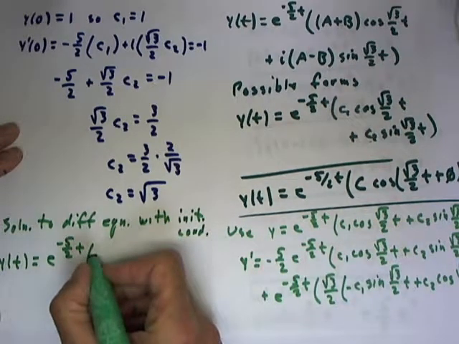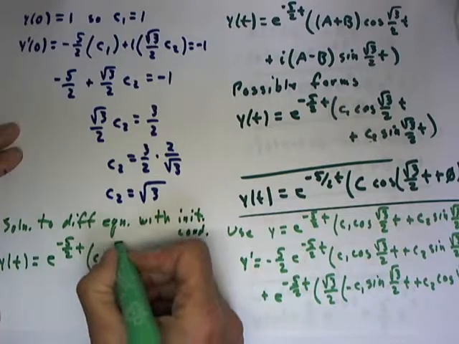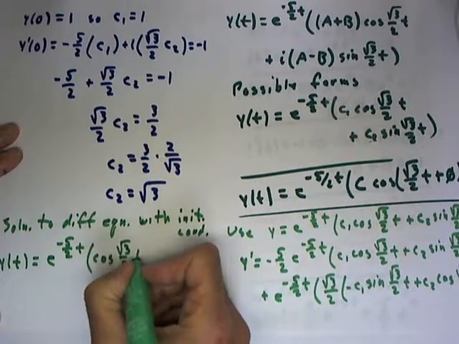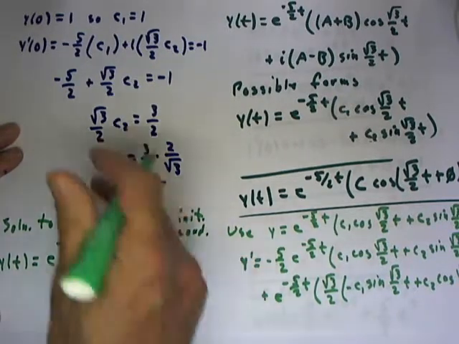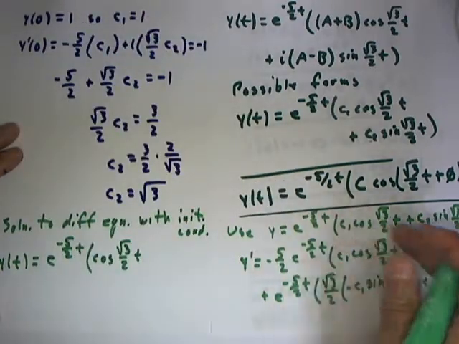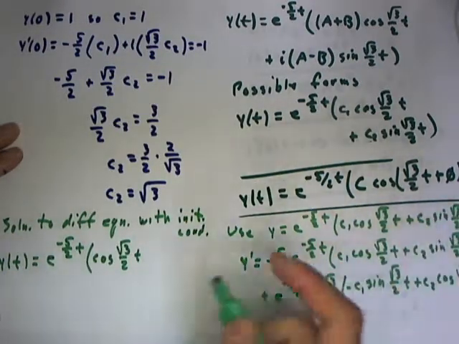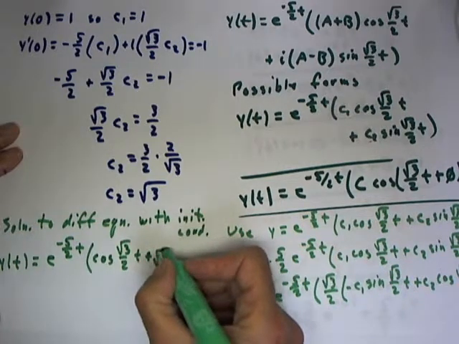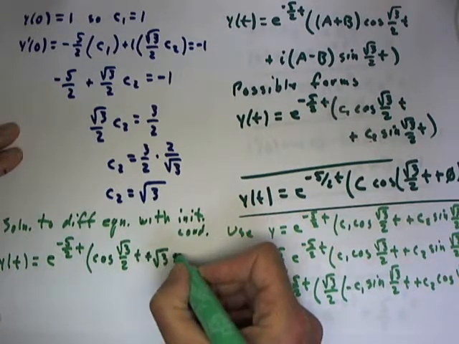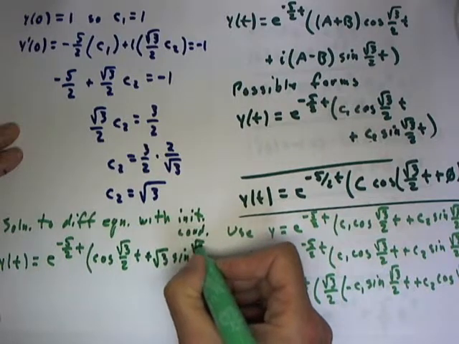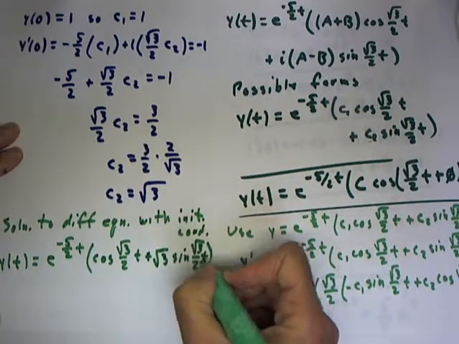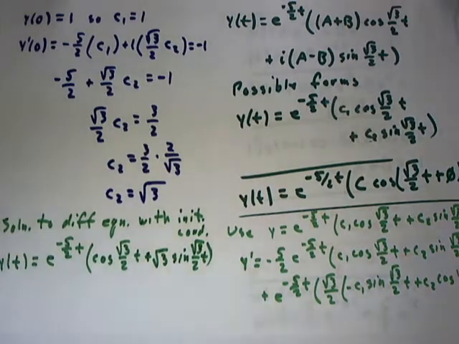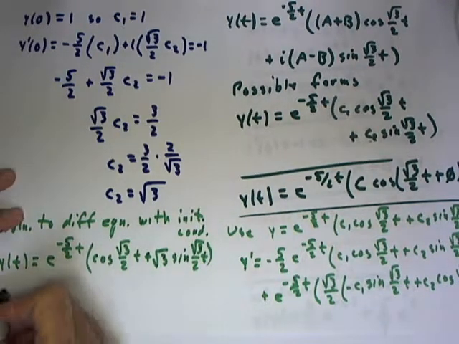Well, that's going to just be cosine of the square root of 3 over 2 t, C1 being equal to 1 and C2 being equal to square root of 3. Then we have square root of 3 times the sine of the square root of 3 over 2 t. Our solution is typical.